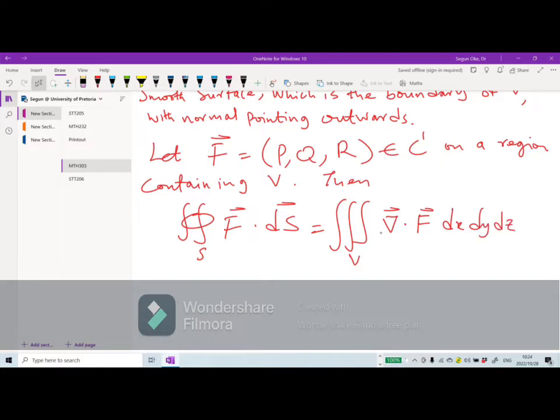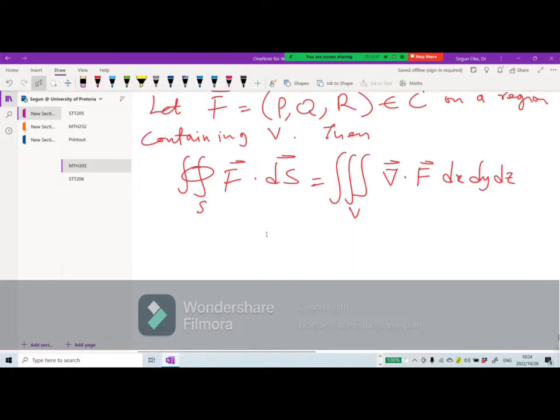So let's look at an example of the divergence theorem. Certain things need to be involved. Example 1.